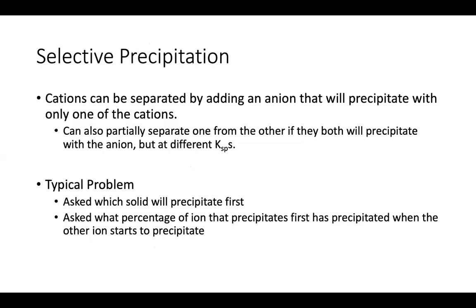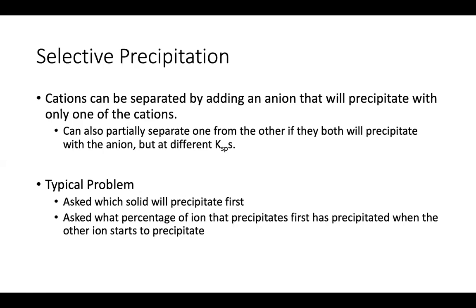Think back to question number 2 that we went over, I think it was 1 and 2, where it was copper iodide, that had a Ksp, and lead iodide. So both copper and lead, two different cations, could form a solid with the same anion, which was iodide. Okay, and so in the typical problem, they'll ask you which solid precipitates first.